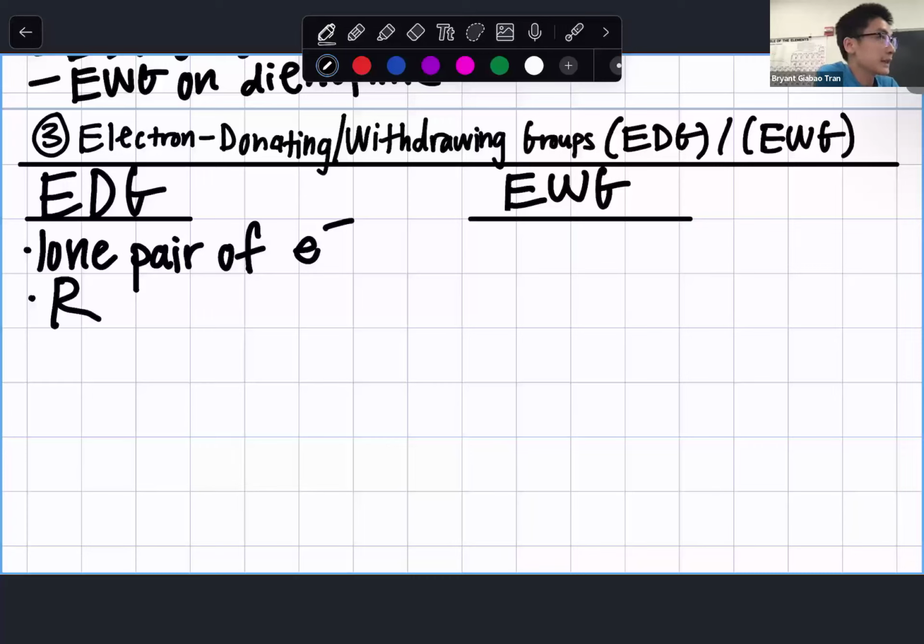It donates electrons inductively. Yeah, it's a weak EDG since it does not have any lone pairs of electrons, but it still donates electrons inductively into the system. Right. Also, if the atom is partially negatively charged or fully negatively charged, that is also another sign of an EDG.